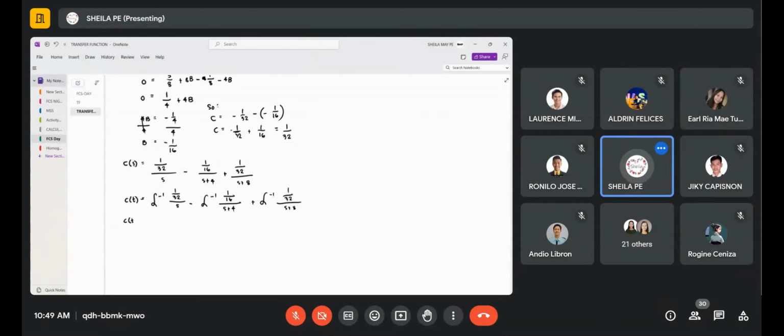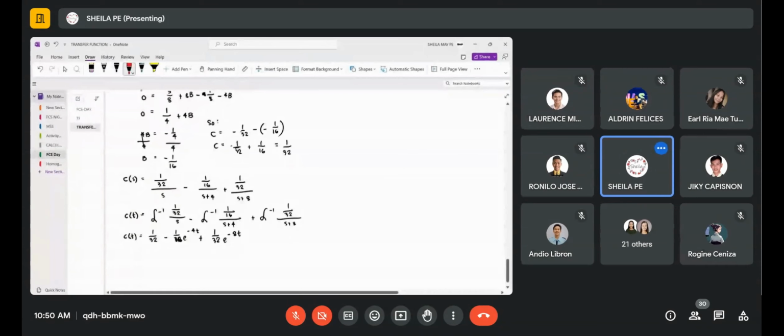So this is 1 over 32 minus 1 over 16 e raised to the power of negative 4t, plus 1 over 32 e raised to the power of negative 8t. And that's our ramp response.